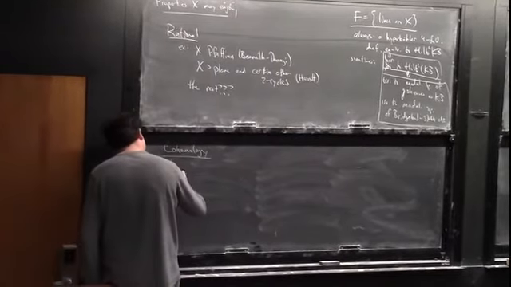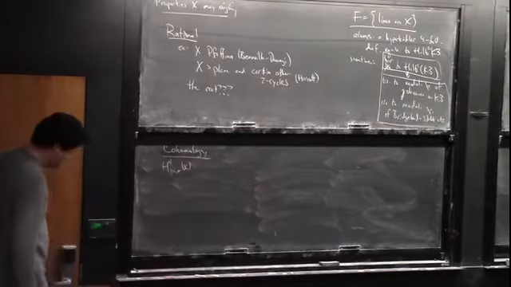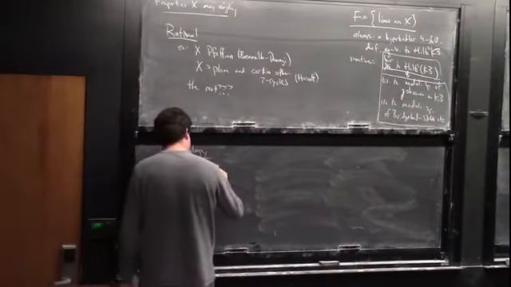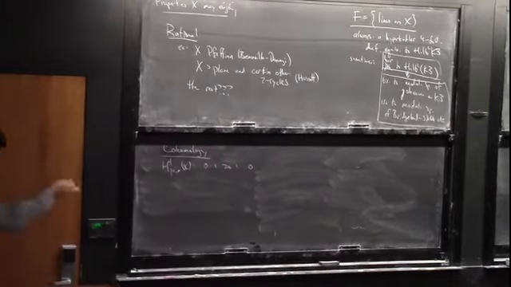So H4 primitive of X is some Hodge structure with these Hodge numbers. You take out h squared, so it's 20 and one, not 21.